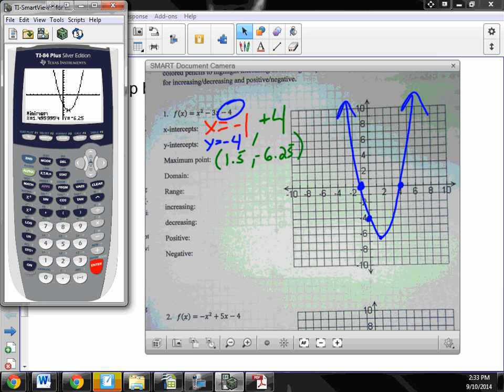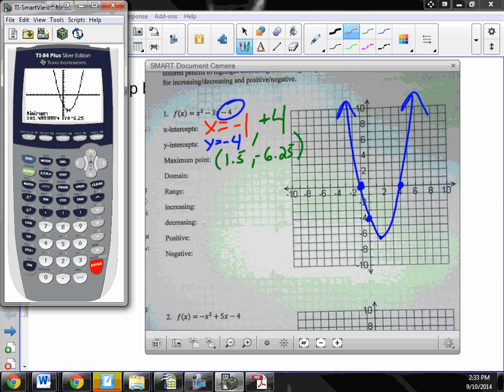Okay. Do you guys remember domain and range? Domain would be all of the x's that are represented on the graph. Are there any x's that miss the graph? So what about -10? Does -10 show up on the graph? Way up high. Okay, what about 2?